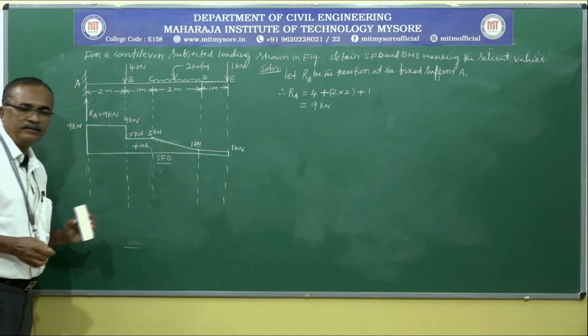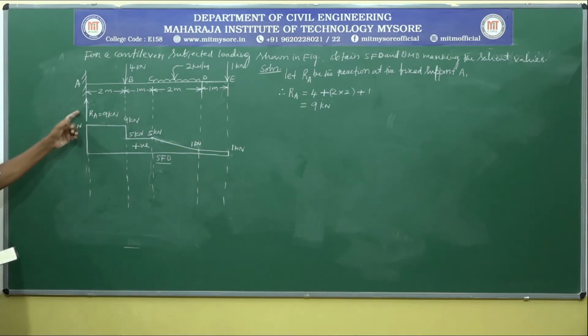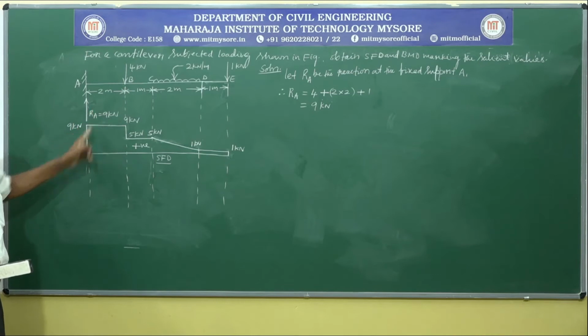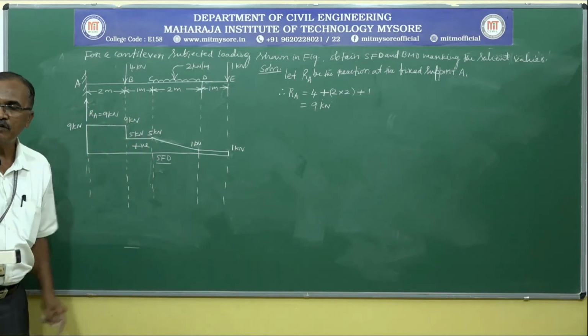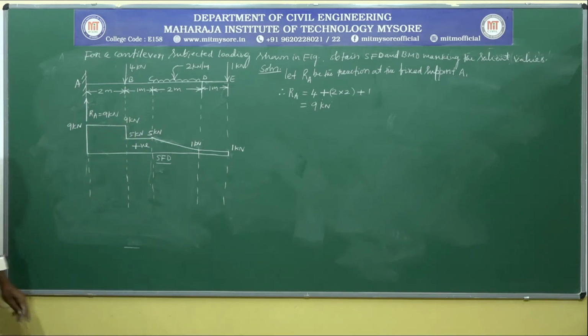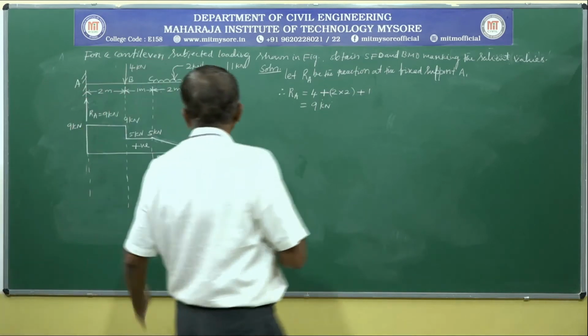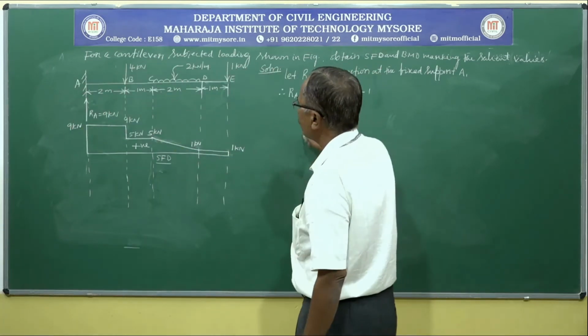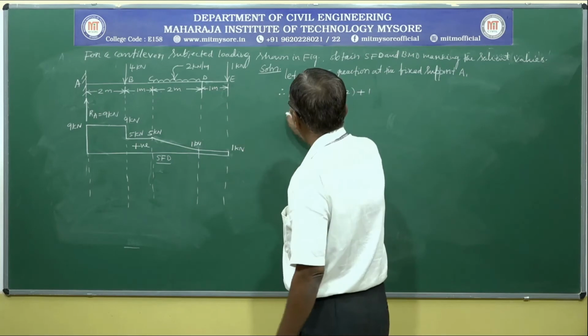See how easy. Just after calculating the reaction, we can comfortably draw the shear force diagram. Again you can copy and write the shear force values which we have marked on the shear force diagram.